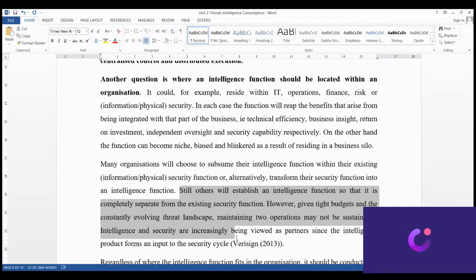So intelligence and security are increasingly being viewed as partners, since the intelligence produce forms an input to the security cycle. So we're saying these are not looked at differently, but they are considered and looked at side by side, because whatever comes from the intelligence analysis is supposed to be part of the intelligence cycle input.